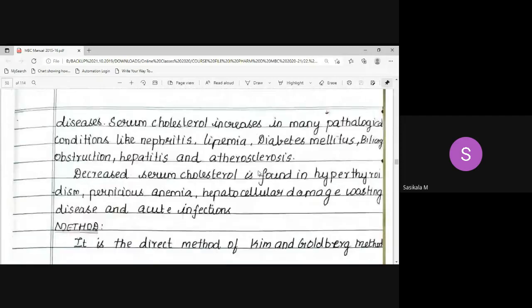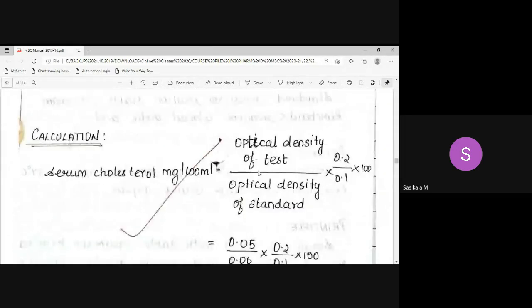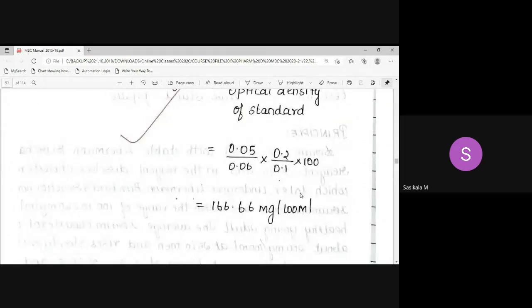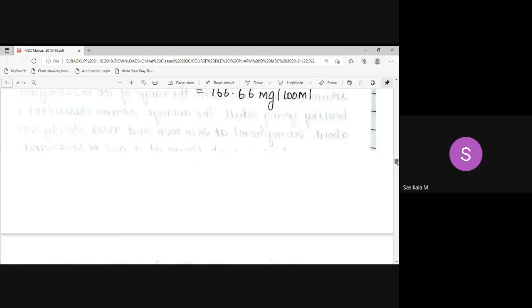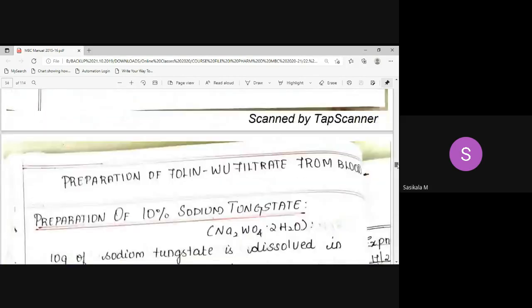The person who did it got around 166 milligram per 100 ml, but the level varies between 100 and 200, right? So you can change the test results. You can increase or decrease accordingly to get readings within the normal range. Then you put in the results and submit it for evaluation. Include the discussion part also and references.